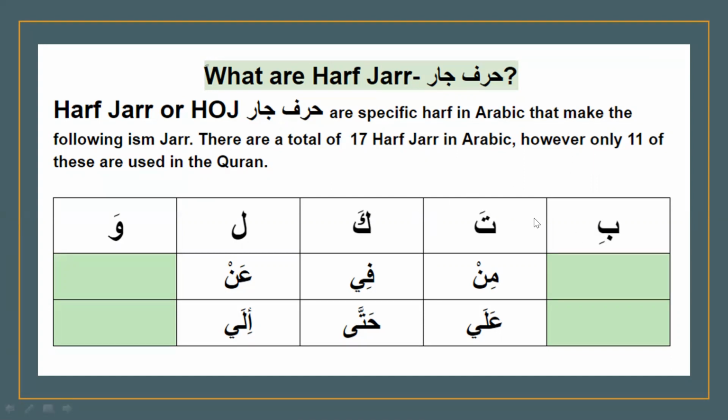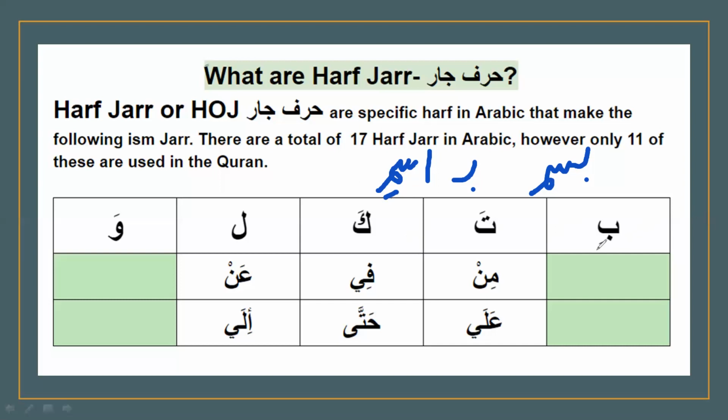Like in bismillah, we say bismi: this is ba and ismi. As soon as these specific harf come, they make the ism majroor, with kasra.